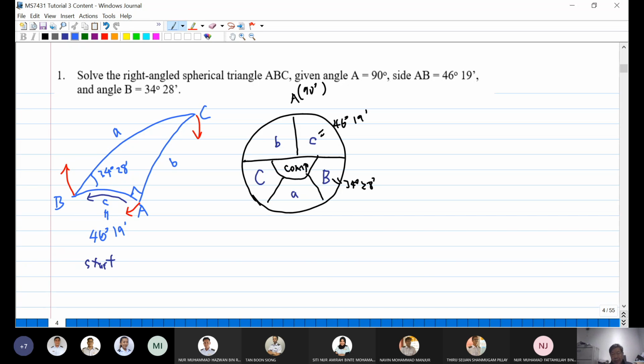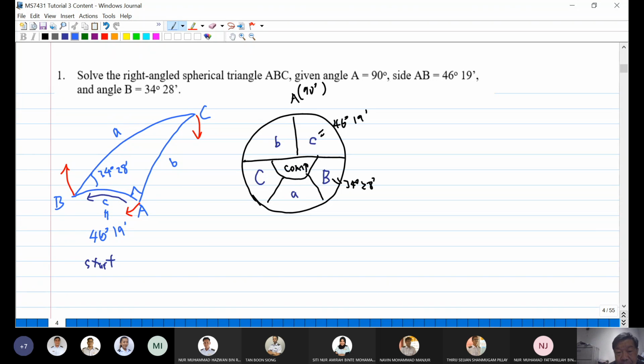Okay, so we are going to use Napier's rule. Let's recall Napier's rule first, okay? If you look at all these things, there are 3 unknowns there: angle C, side a, side b.